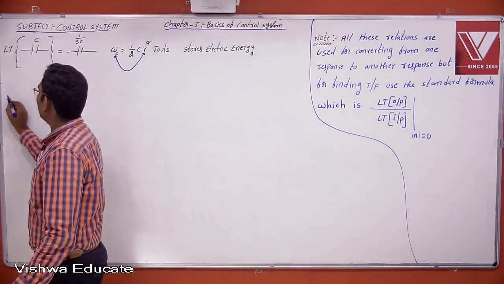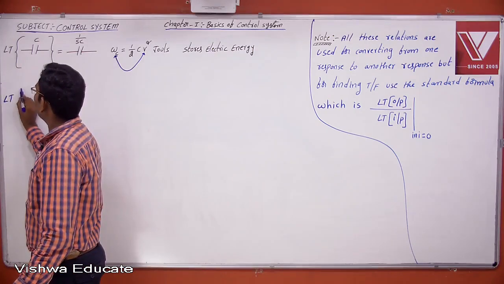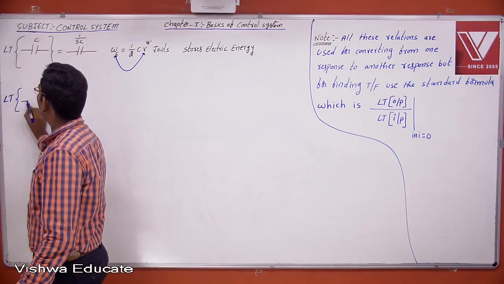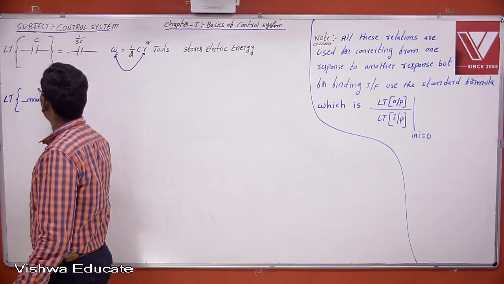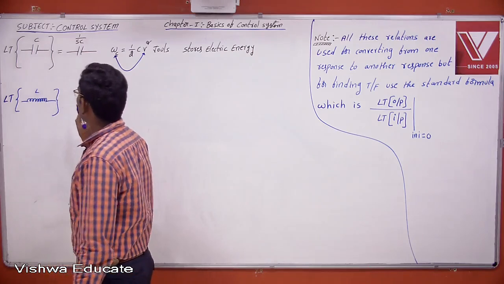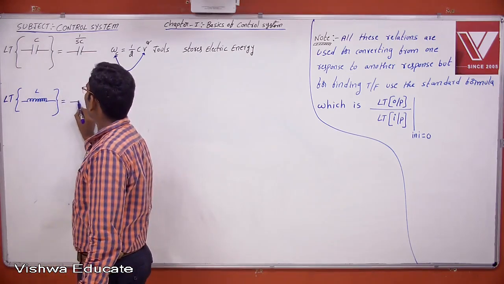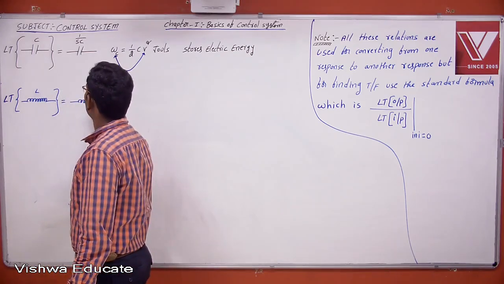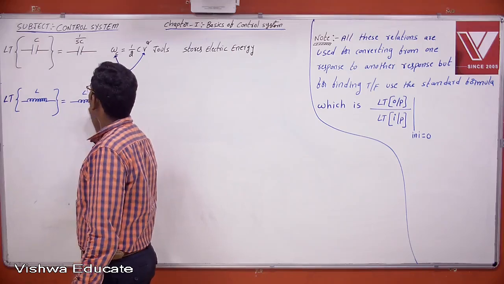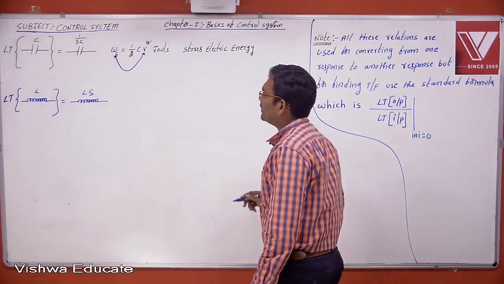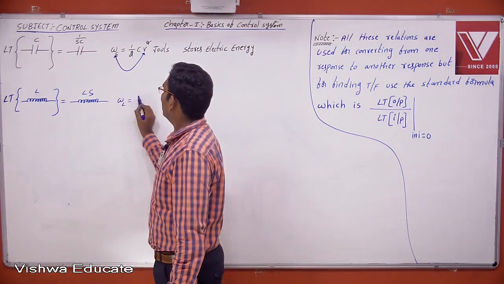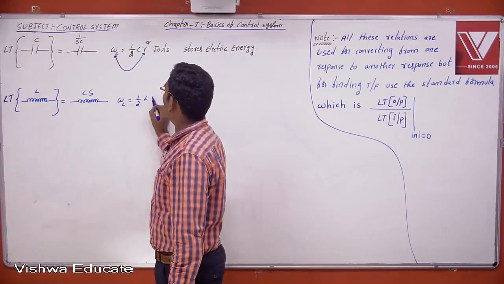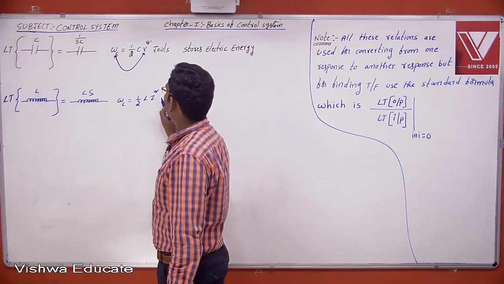In the same manner, the Laplace transformation of inductor L is nothing but Ls. Now the energy stored in the inductor is half L I square joules.